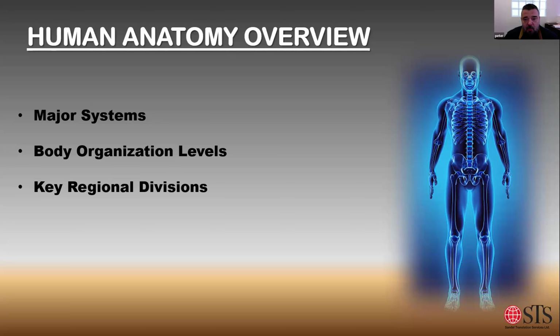As an interpreter, you will need to understand the hierarchy of the structure, and you don't want to mess up different terminologies whenever you're providing the translation. So if they will talk about the tissue, you will know that this is not an organ. If they will talk about the organ, you will know, hey, this is not the chemical cellular level, so you cannot confuse the words.